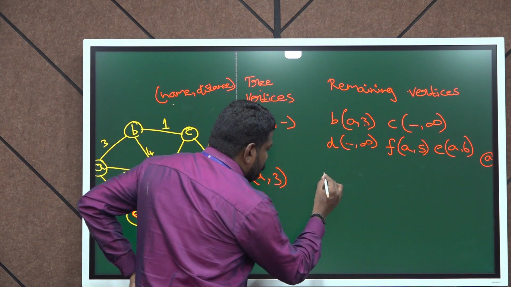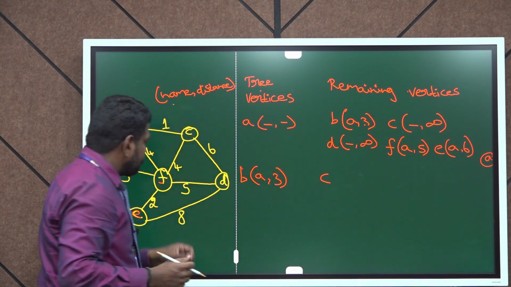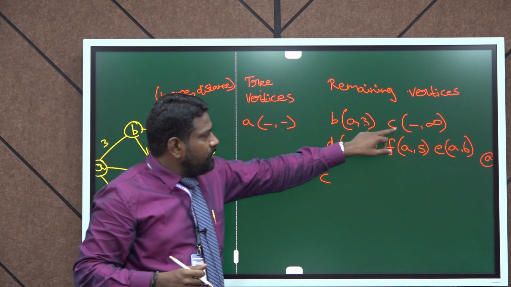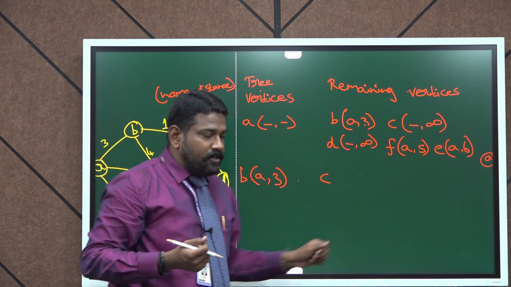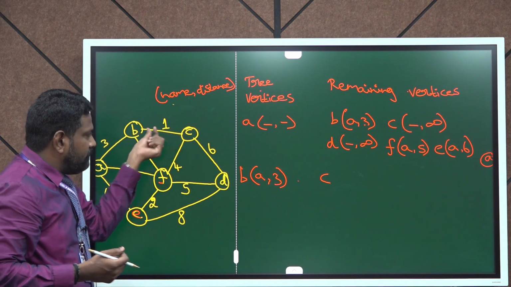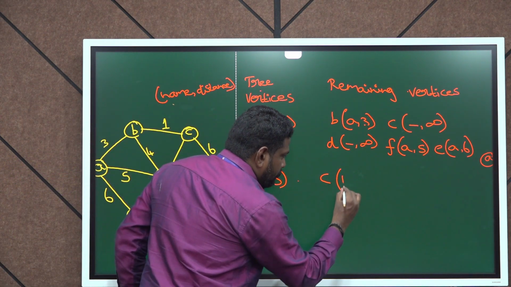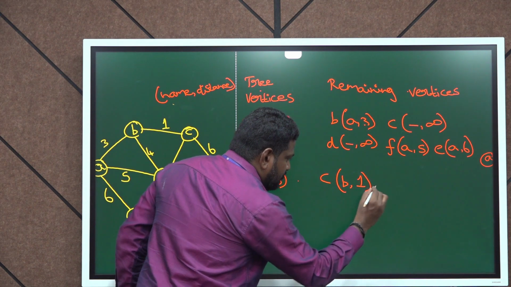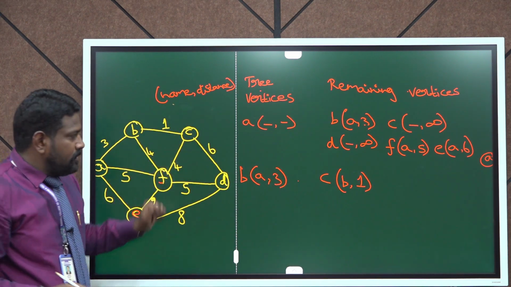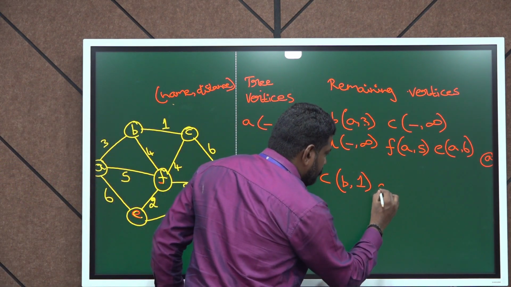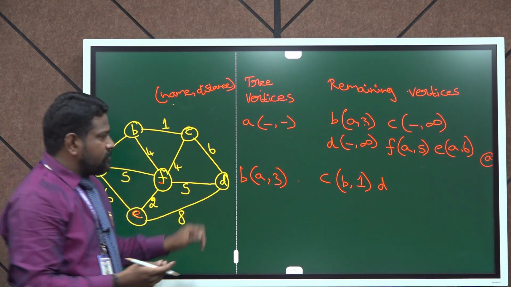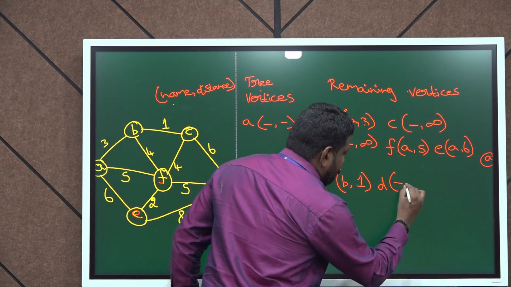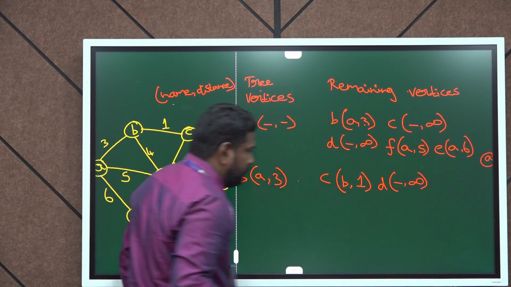First I am going to check with C. Initially from A to C we do not have any edge, so it is infinity, but now from B to C we have the value. So B is my nearest vertex and the distance value is 1. Likewise for D, from B to D there is no edge, so we continue with the same previous value, hyphen comma infinity.